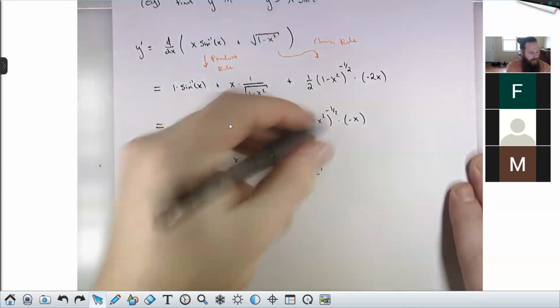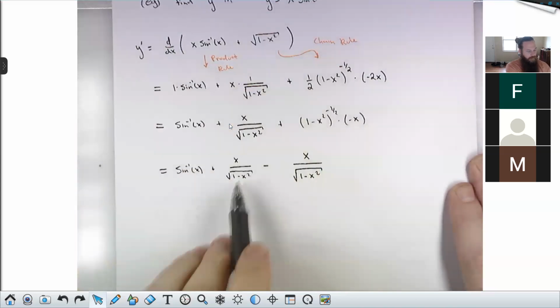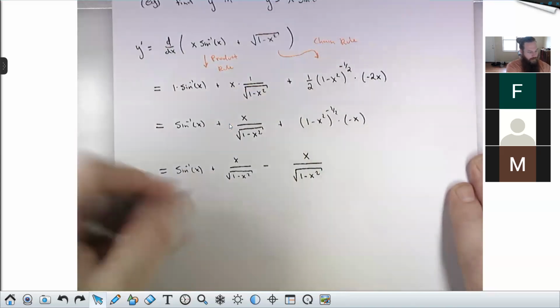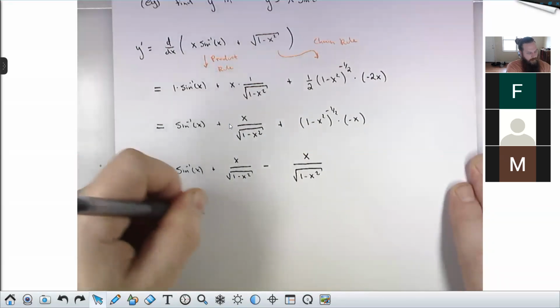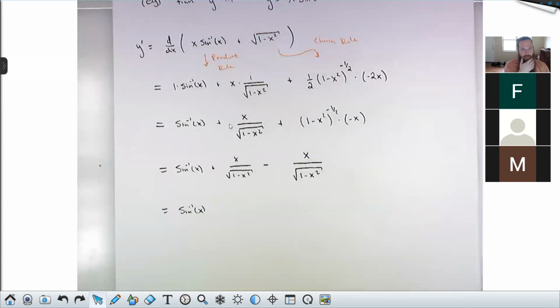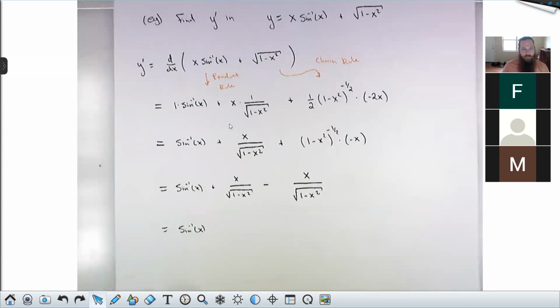And this is an x. So these things go away, and you just get the inverse sine of x. So this is neat. The derivative of this somewhat complicated looking thing is the inverse sine of x.